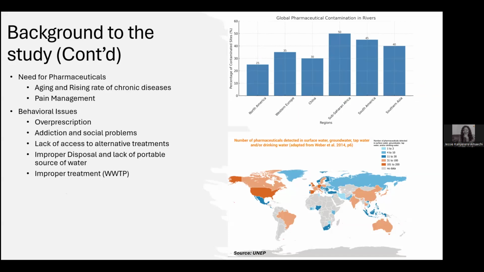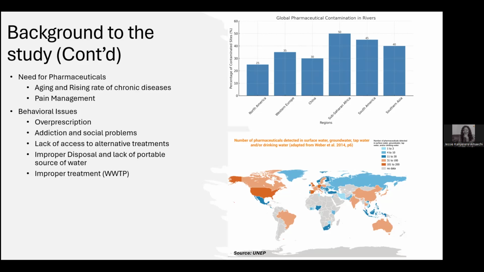There is overprescription, which can lead to addiction and social problems. And there's lack of access to alternative treatments of these pains. Therefore, people go on, and now we have this overprescription of medication. And there's improper disposal of these pharmaceuticals in our environment. We see that people are just trashing them anyhow.